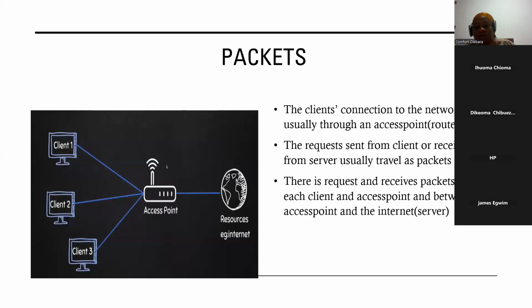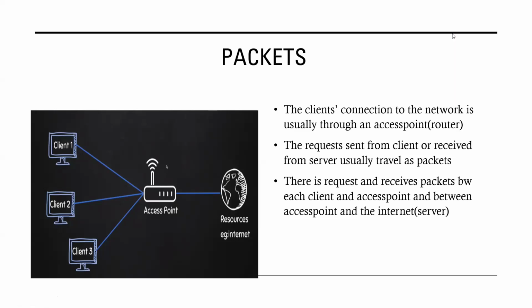Okay. So here we have this example of what I just said. The information or the data you're requesting is broken down into packets, so they travel as packets. We say the client connection to the network is usually through an access point.